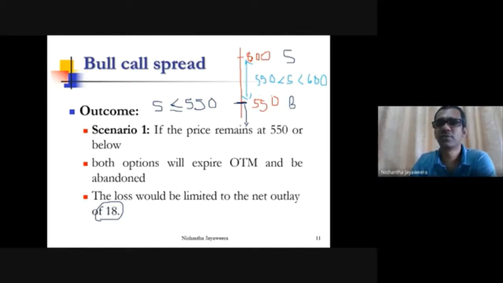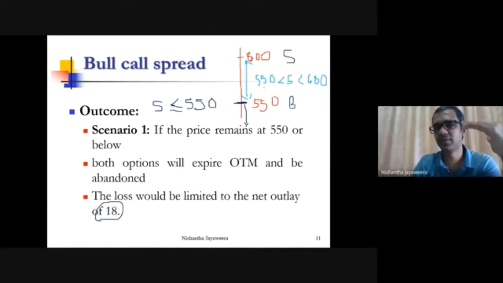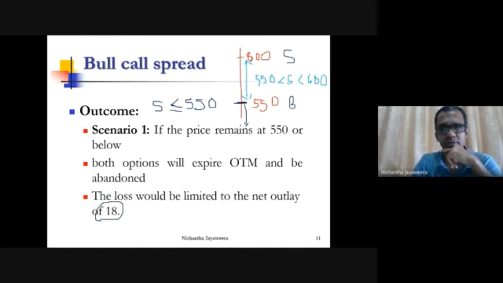You bought the call option at 550. Now the price is higher than that. You exercise your right. But what would happen to the call option that you have sold? The buyer of that option still will not exercise his right because still he can buy at the market at a lower price.